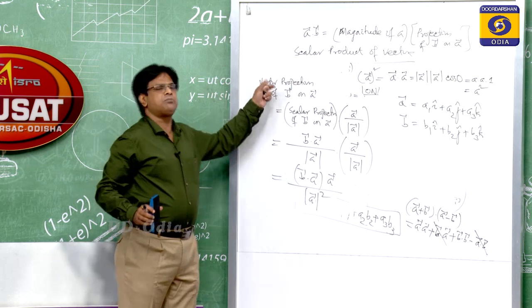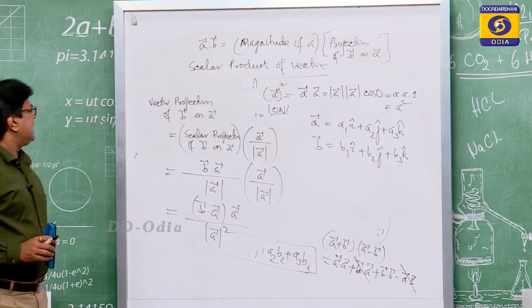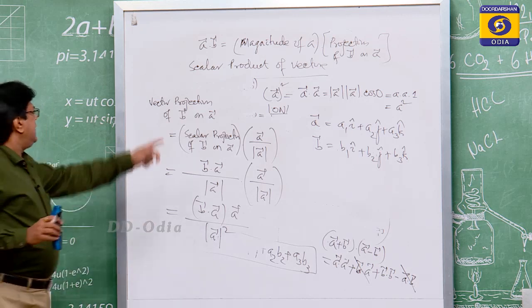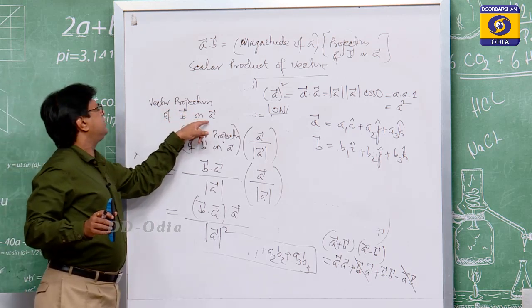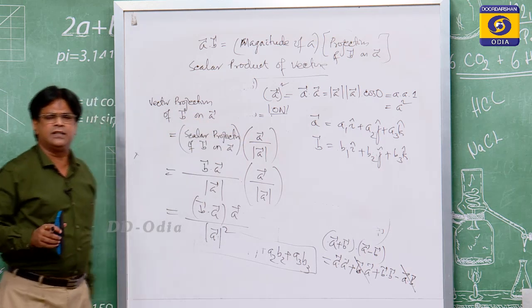This is your scalar projection into the direction along which you have to determine the vector projection, that is the unit vector along the A vector.